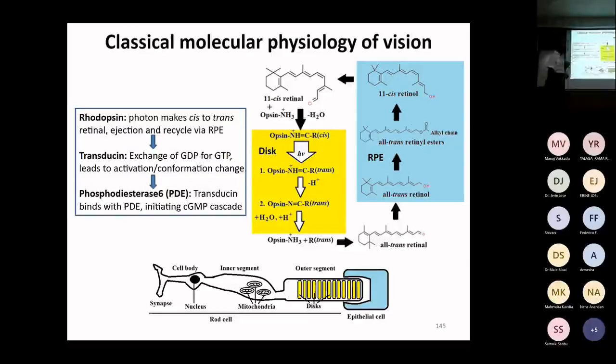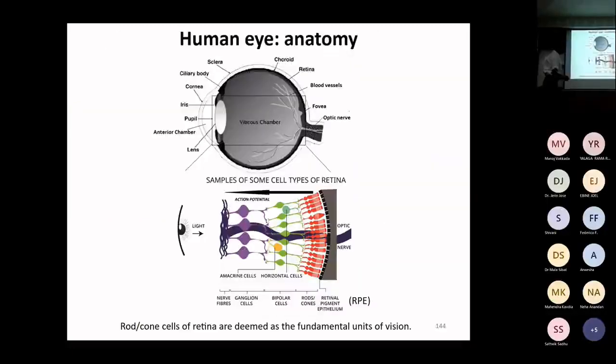That's the classical pathway. Now, once the retinol goes out of rhodopsin, this is the rod cell, right? Now, it's ensconced by the epithelial cell. I'll just go back. Here you see how it is. This is the retinal epithelium.